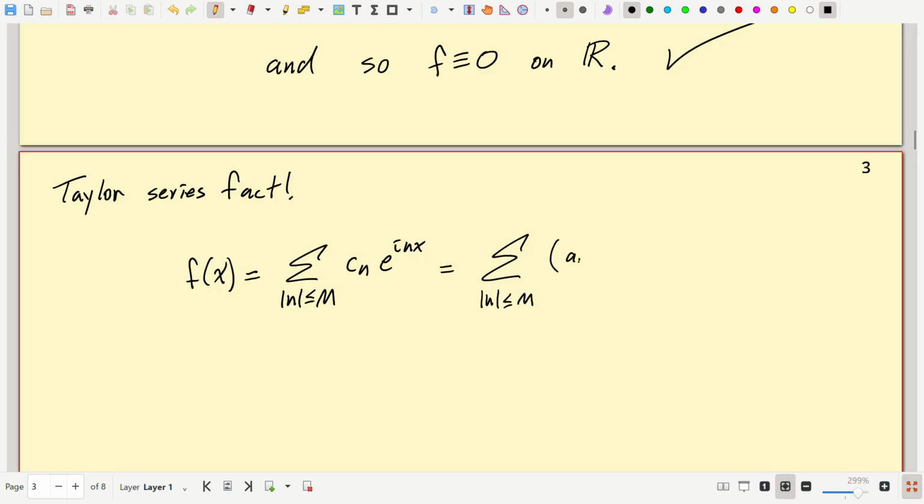The Cn would be an plus i times bn, and the e to the i n x is cosine nx plus i sine nx.